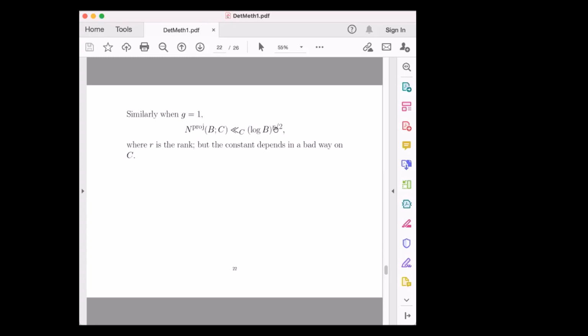And indeed, although some people conjecture that the rank is bounded, the best bounds we have for the rank at the moment depend on the curve in a way that would make this function conceivably tend to infinity faster than a power of a logarithm. But the theorems that we have proved by the determinant method give B to the 2 over d here, but a constant that doesn't depend on the curve.